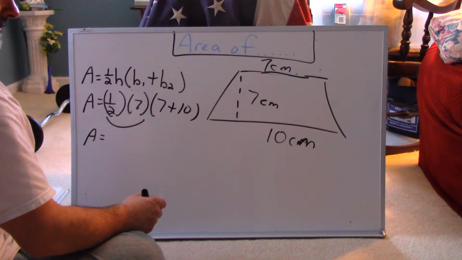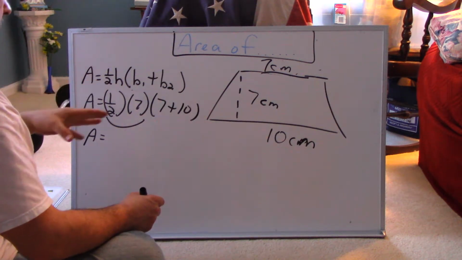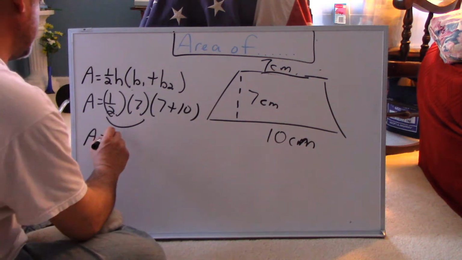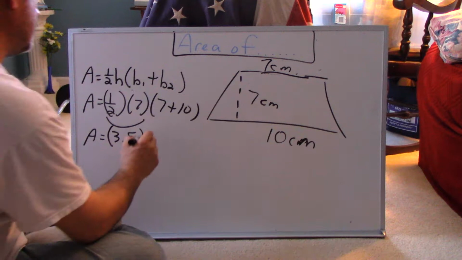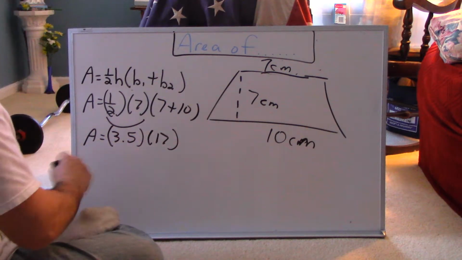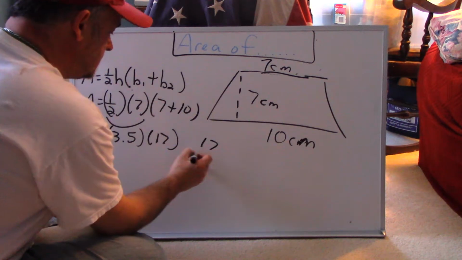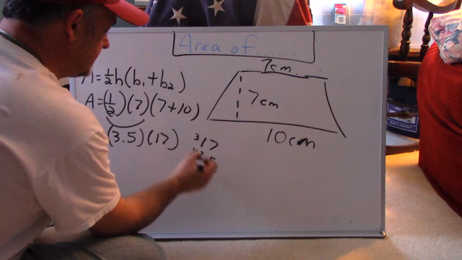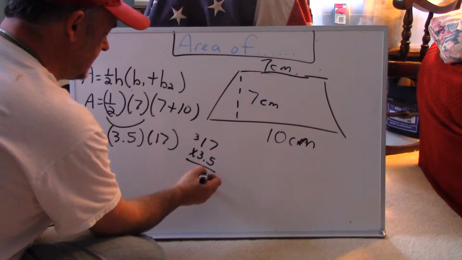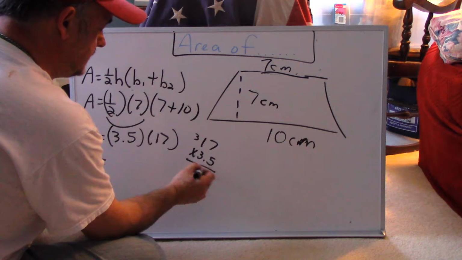Let's do this first. 1/2 of 7 is 3.5. All right? You can do it long ways, but it's really easy. It's 3.5. Then we add 7 and 10, which is 17. And then we just multiply them. 17 times 3.5. 5 times 7 is 35. 5 times 1 is 5, plus 3 is 8.